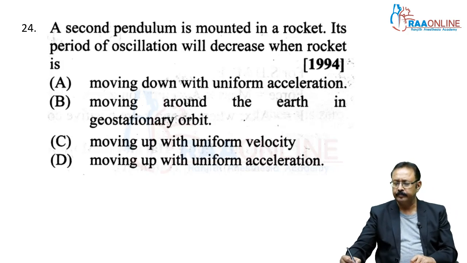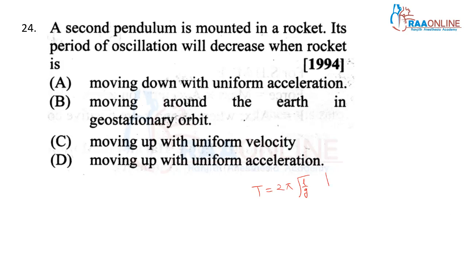I told you that T is equal to, in general, 2 pi root L by G. But if rocket is moving with acceleration A in upward direction, it will become 2 pi root L upon G plus A. But if it is going in downward direction, it will become 2 pi root, like lift problem, G minus A. If T is decreasing, means denominator should be increasing.